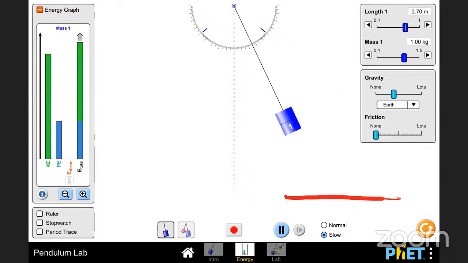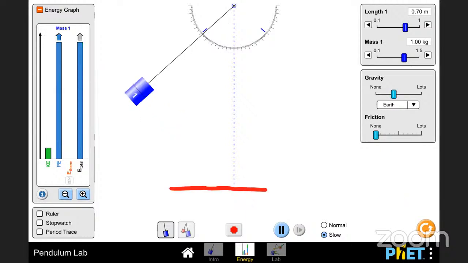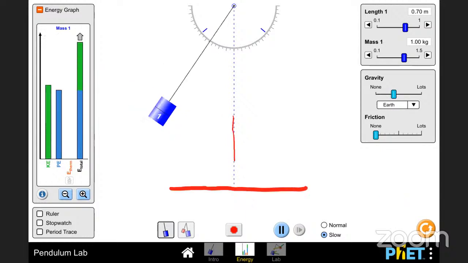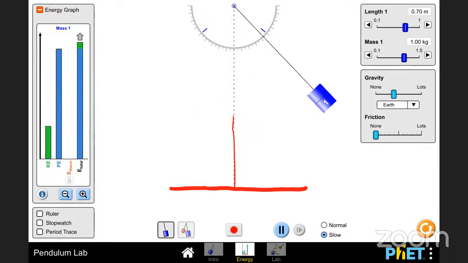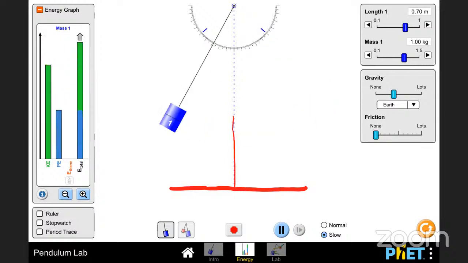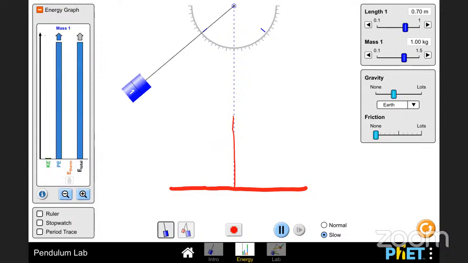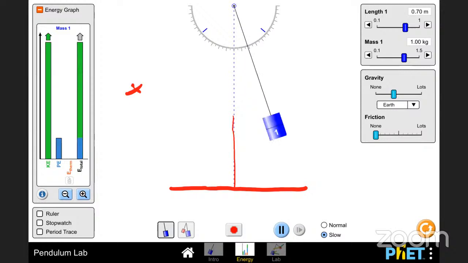Actually, I can do it like this for you. See if you can sketch what the kinetic energy might look like and what the potential energy will look like. Start with the potential. So start with right here.